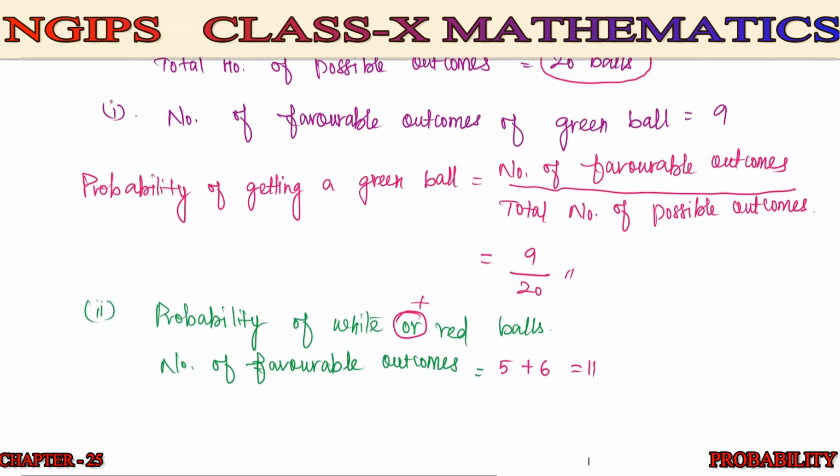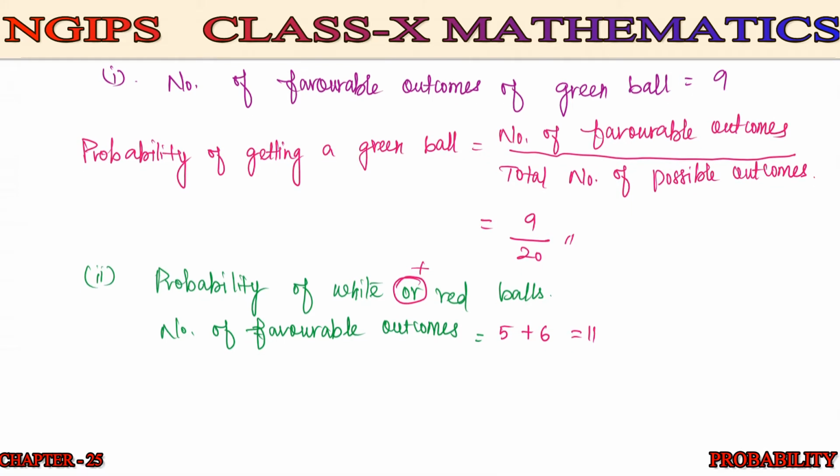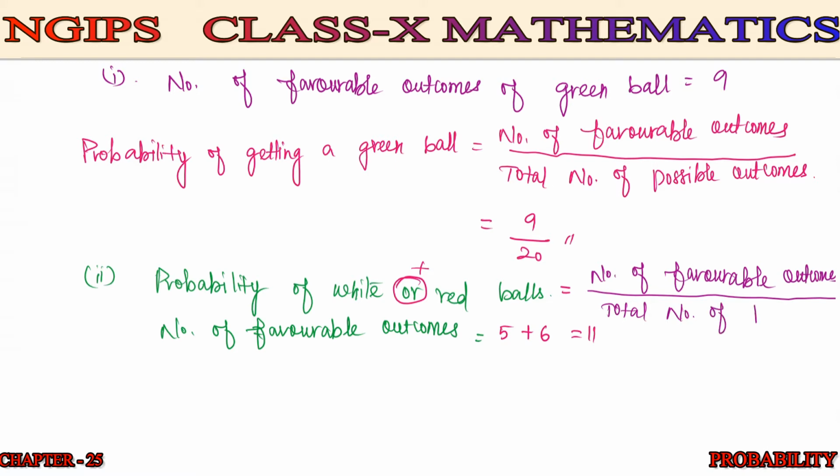Now I can write the values. Probability of white or red balls is equal to the number of favorable outcomes divided by the total number of possible outcomes.